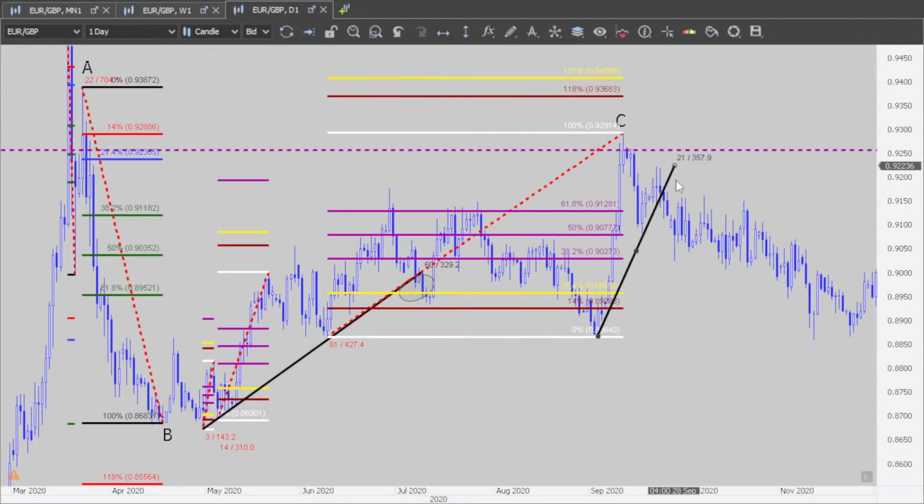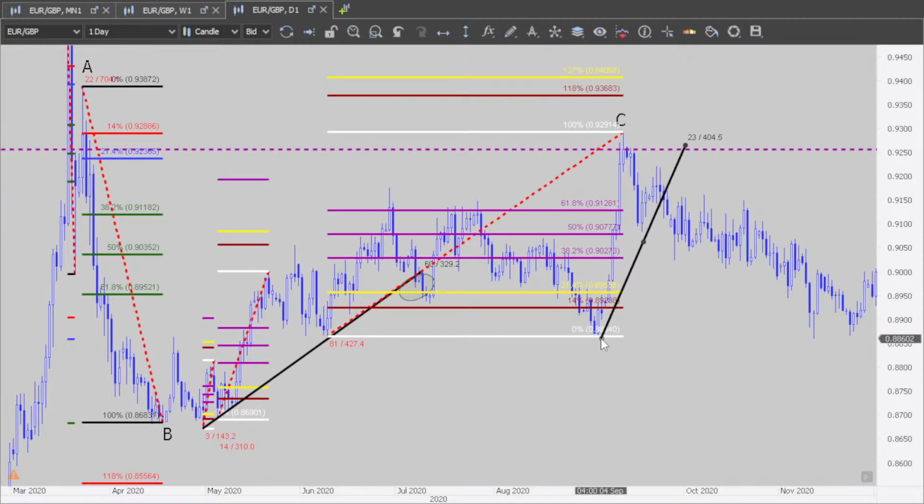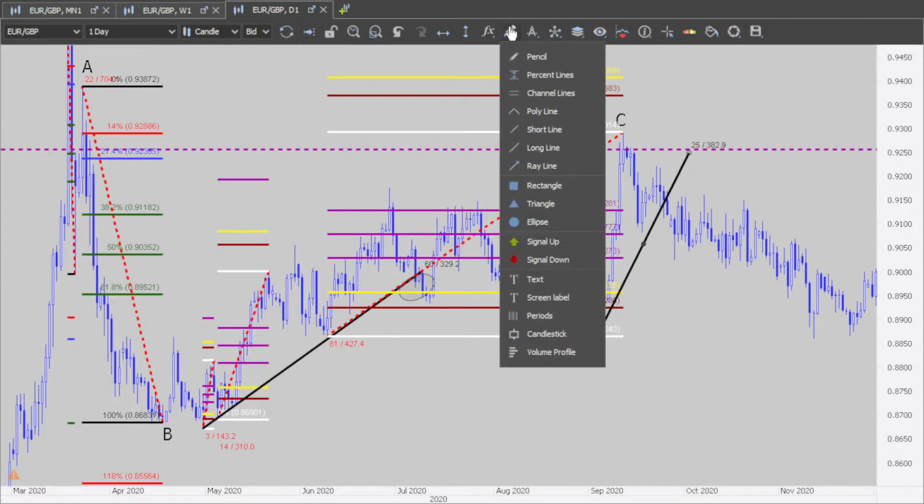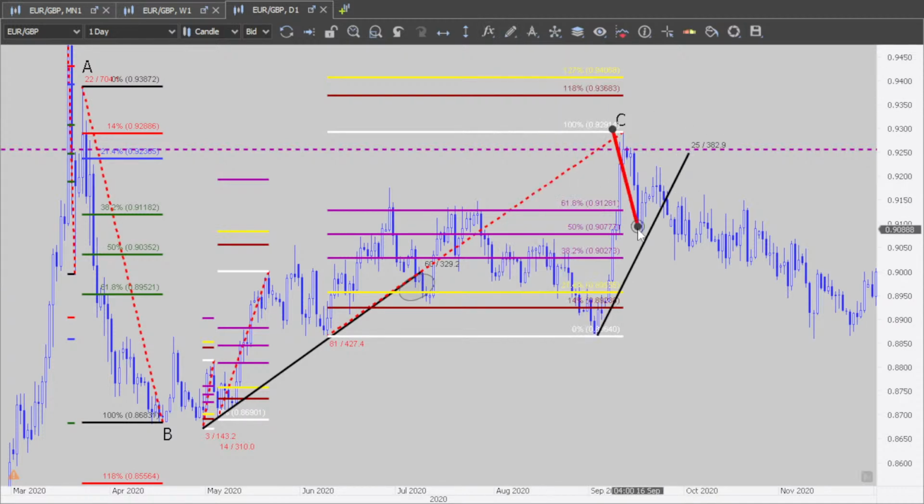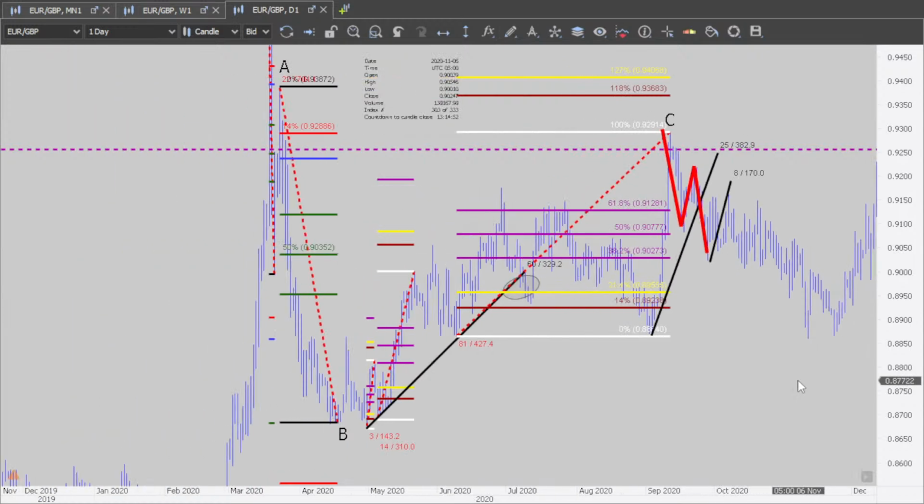Just maybe, not the perfect trend line, I don't need to break. So I'm going to wait, maybe for the downtrend to appear, right? Lower lows, lower highs, lower lows. Maybe I'm going to enter somewhere in here, whatever might be the case.